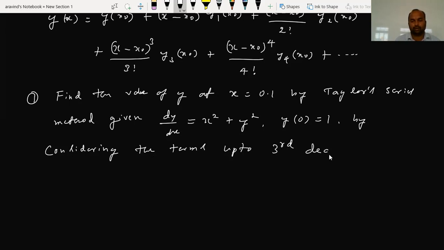Means we have to find out the derivatives up to 3.